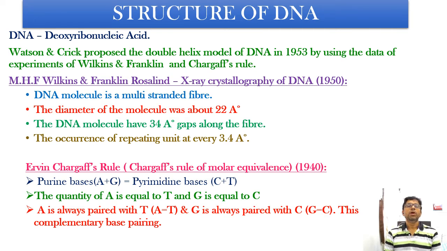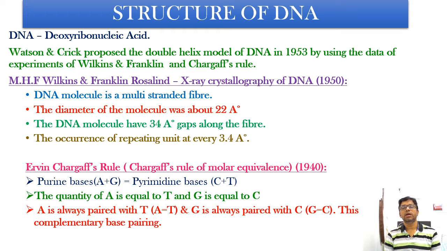Watson and Crick proposed the double helix model of DNA in 1953, by using the data of experiments of various scientists such as Wilkins, Franklin, and Chargaff.